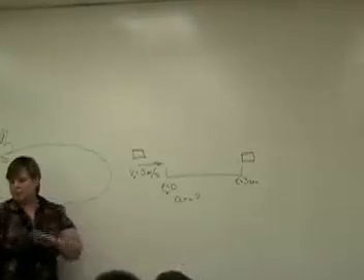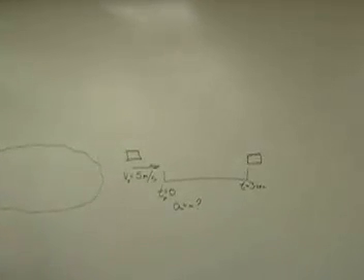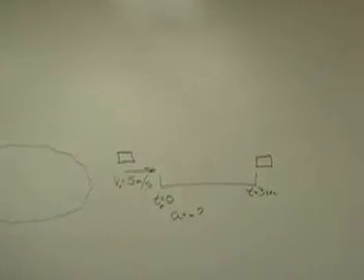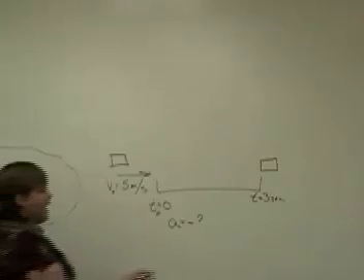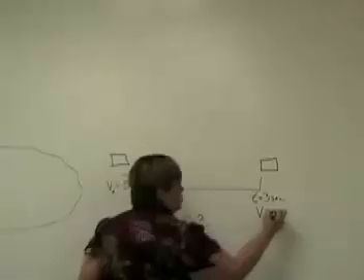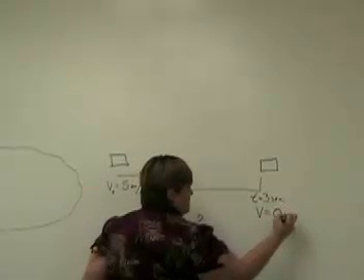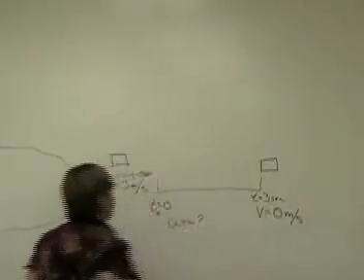You know the direction, but you don't know the magnitude. What else do you know? Comes to a stop. What does that tell you? Yeah, the velocity at time t equals 3 is 0 meters per second.